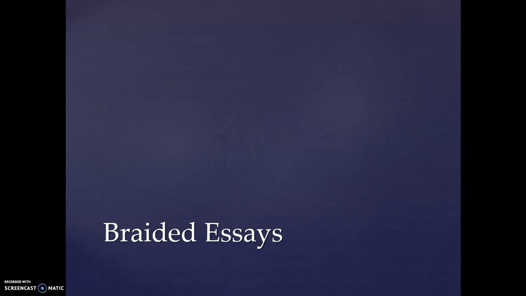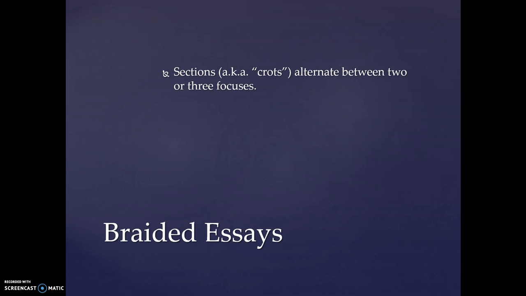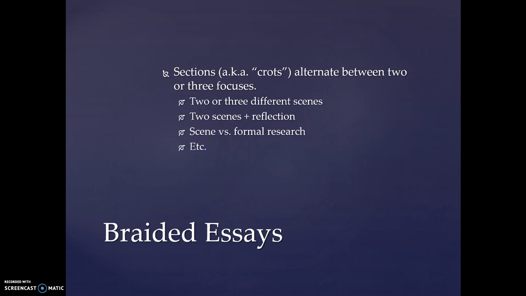The first form I'd like to talk about is what's called a braided essay. Braided means that there are two to three strands, so-called braided or woven together. And these sections, or crots, alternate between two or three focuses.